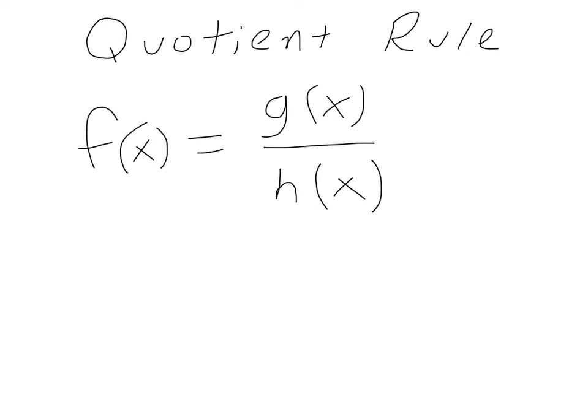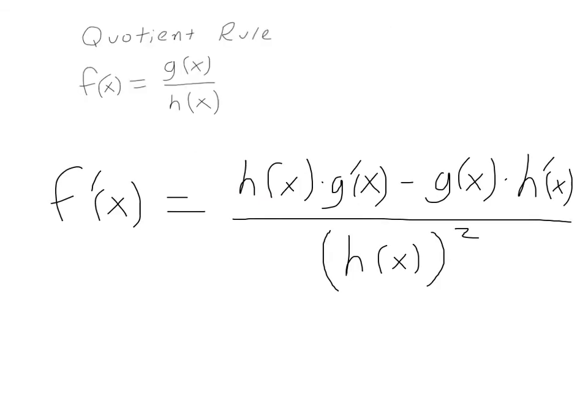The next rule is the quotient rule, and this is where you have one equation divided by another equation. And the quotient rule is kind of long. If g of x is the top equation and h of x is the bottom equation in a division, it's this long equation.